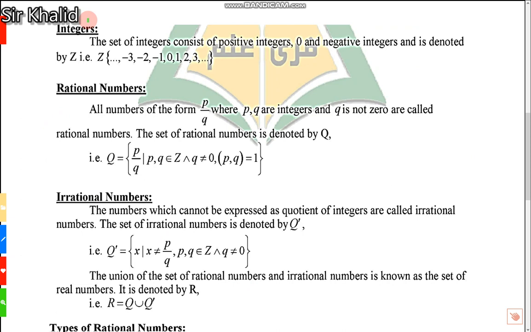Now another one, integers. What are these integers?